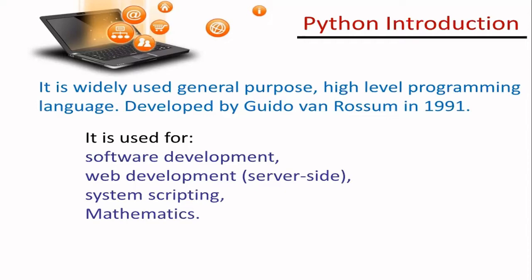I had asked you all to find some applications that run on Python programs and write down the names of those applications in the comment section of this video. So Python is used for software development, web development, that is server side, system scripting, mathematics, and many more places.